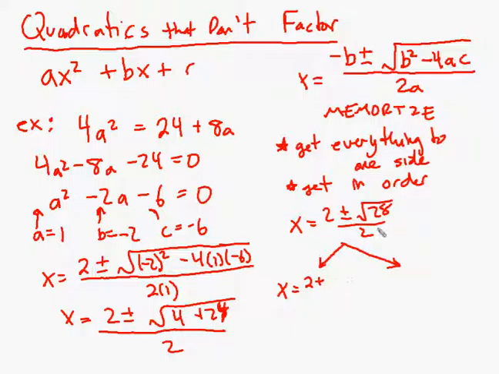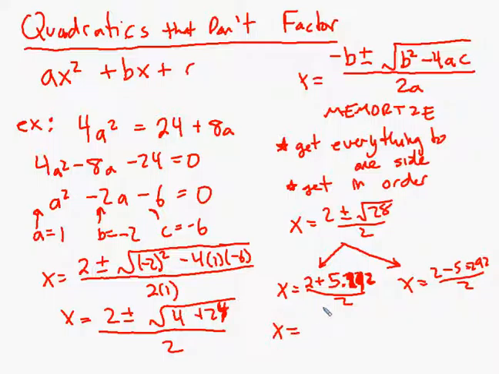You're the ones with calculators. 5.292. I said 3 decimal places. Okay, 5.292, all divided by 2. And x equals 2 minus 5.292 divided by 2.